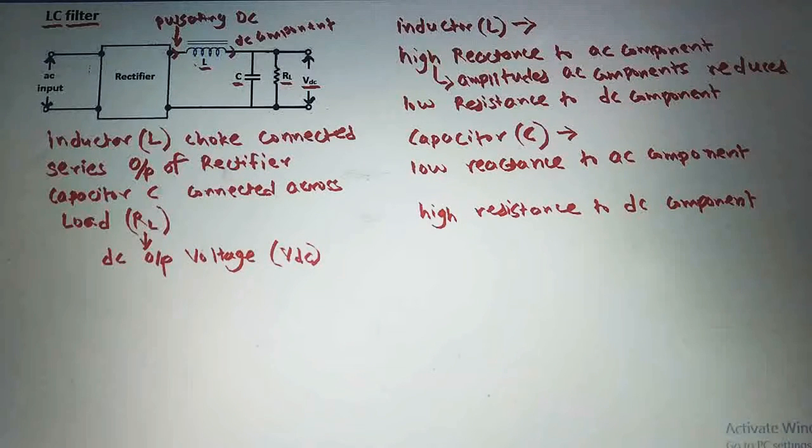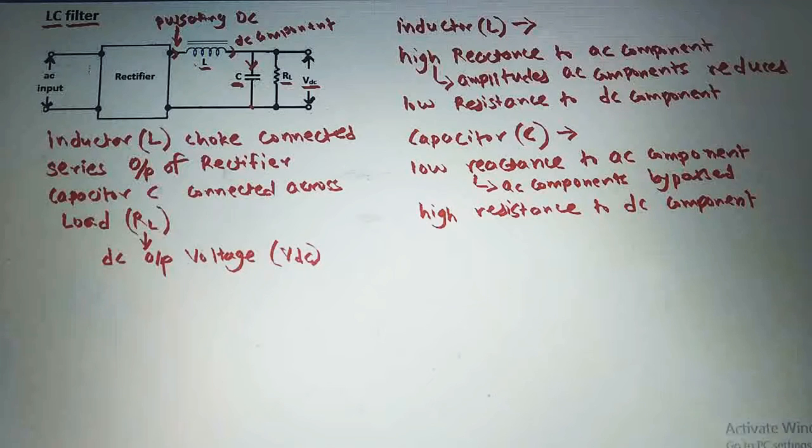After that, there is a capacitor connected here. The capacitor offers low reactance to the AC component. That means the AC components can pass through this capacitor and go to the ground. As there is a low reactance to the AC component offered by the capacitor, the AC components are bypassed through this capacitor.